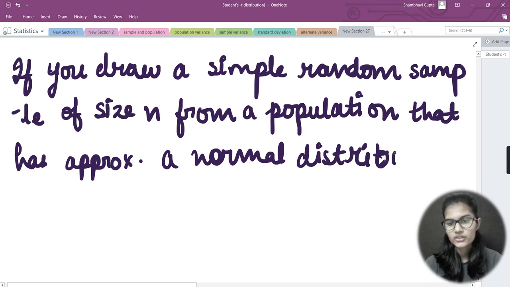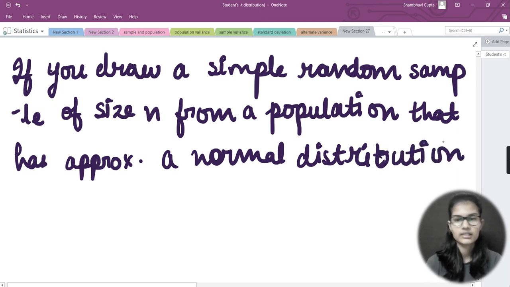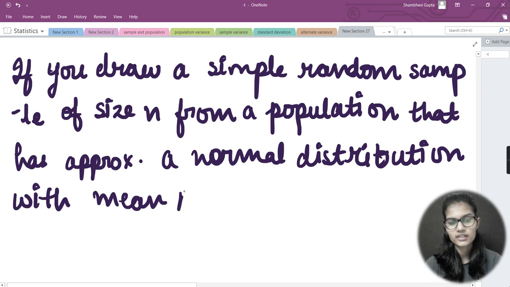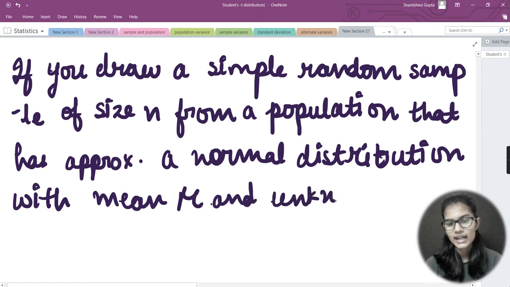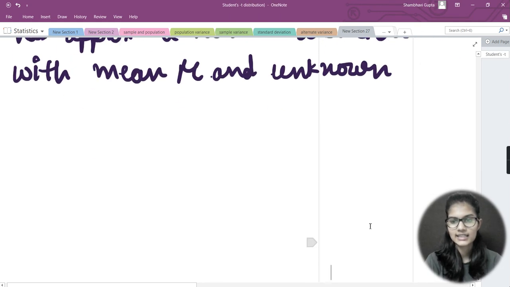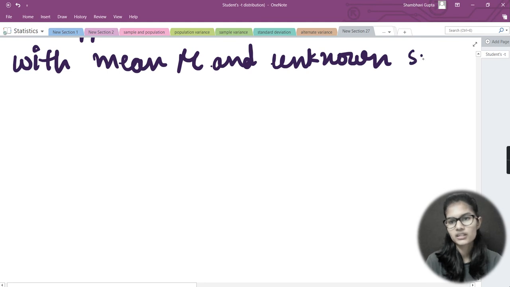So I'm writing the denotation here, which is important, mu. And unknown population standard deviation, which is denoted by sigma, right? For standard deviation I'm simply writing SD, no need to write the full form because we're learning this from the very start. And unknown standard deviation, I'm writing the denotation sigma, fine.